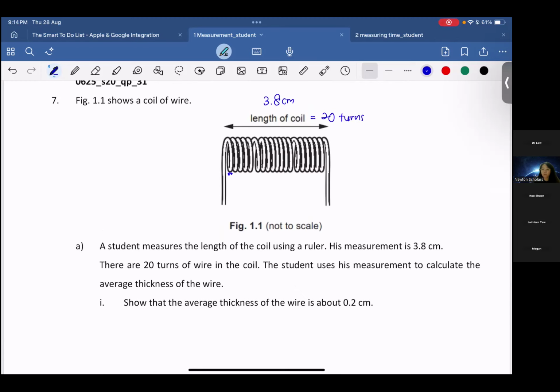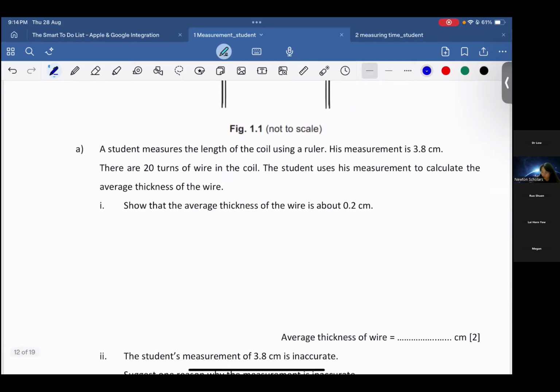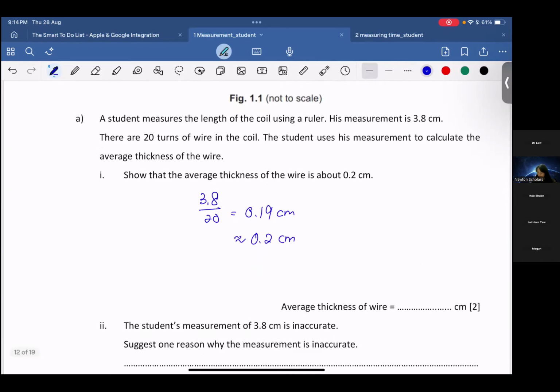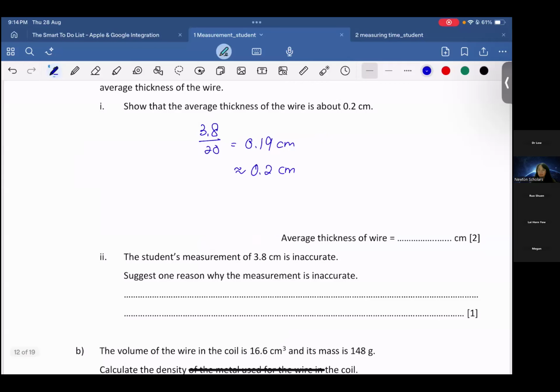How about 1 turn? So we should use 3.8 divided by 20. Roughly you will get the answer 0.19 cm, right? So roughly near to what they say, 0.2 cm. Okay, easy, two marks.